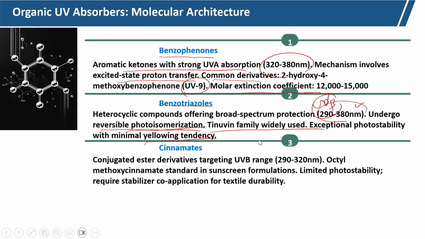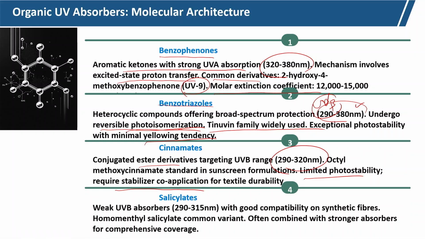The next commonly used one is cinnamates, which are conjugated ester derivatives targeting the UVB range of 290 to 320 nanometer. Its main problem is limited photostability, and we can enhance this stability with a stabilizer.